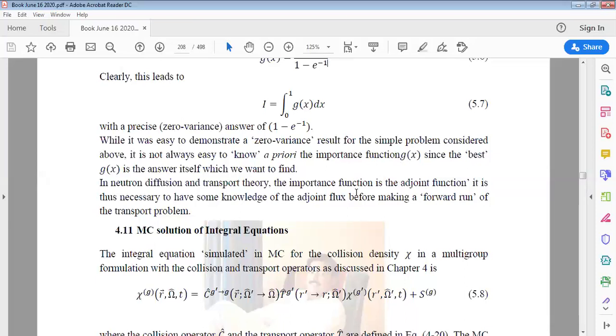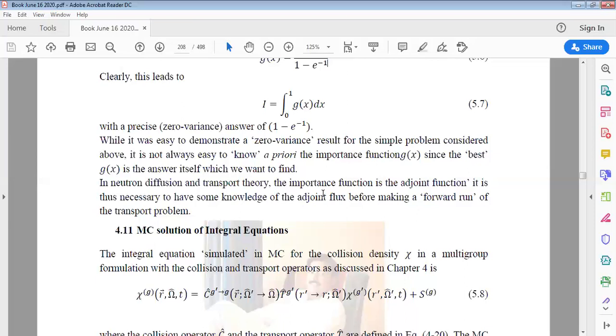So when you go beyond the MS level, in PhD or in research, it's very important that you be able to get your adjoint flux, which is your importance function, and follow one of the two paths which I mentioned. That is the deterministic path, where you write the Lagrangian as a sum of your performance index plus the Lagrange multiplier multiplied by your constraint condition, which is the transport equation.